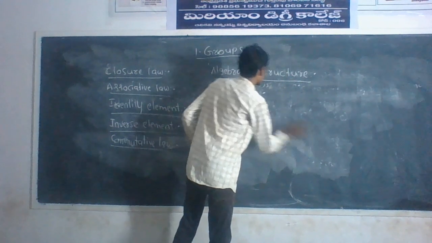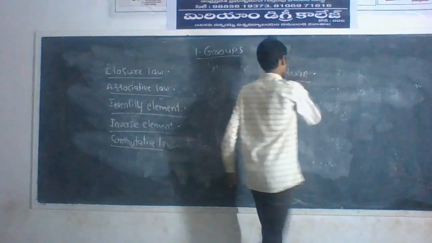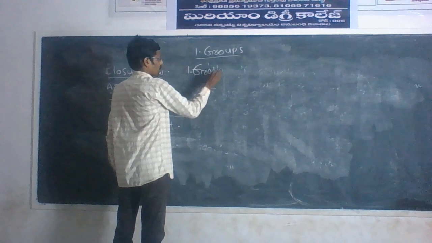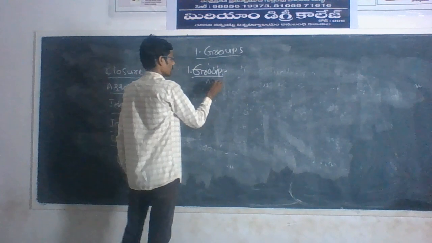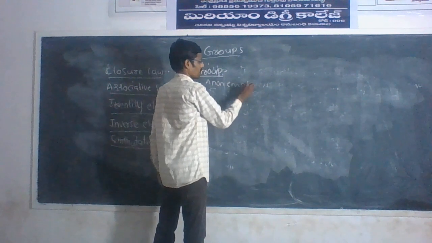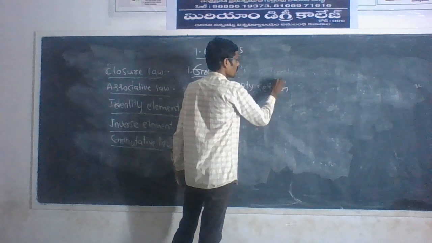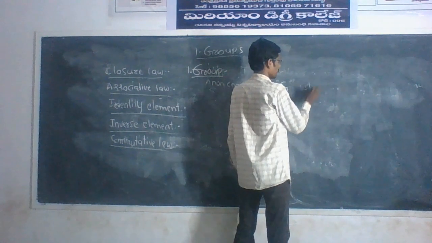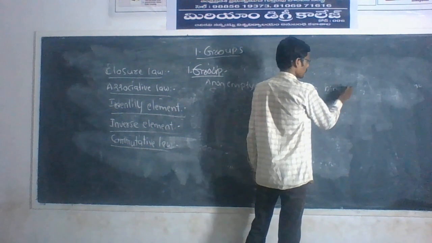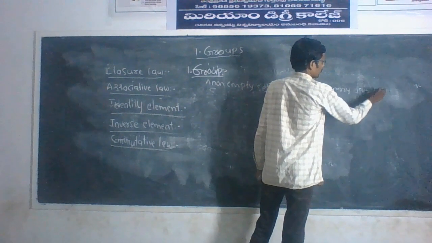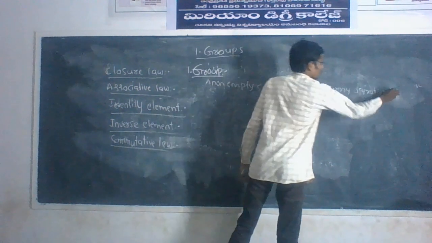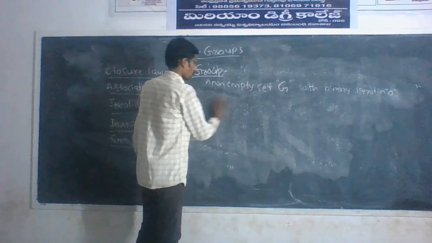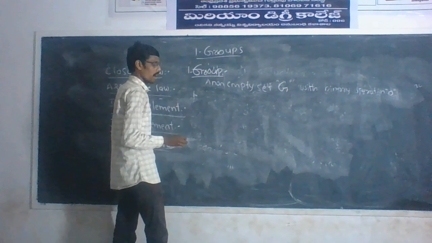Next one, the definition of group. A non-empty set G together with a binary operation circle is said to be a group if it satisfies the following properties.